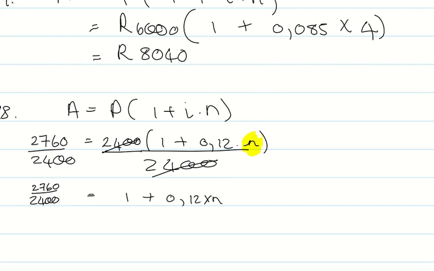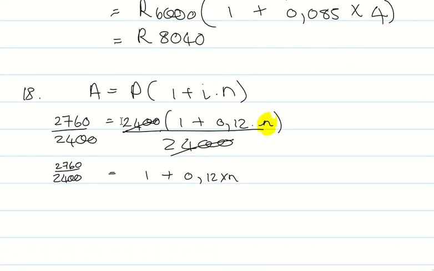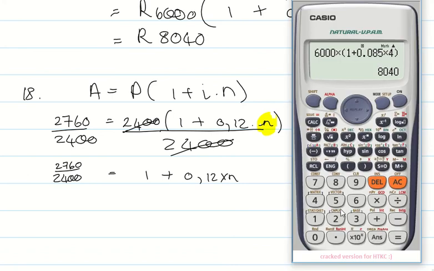What is bothering me now? Still, there's a 1 there. How can I get rid of the 1? Now I'm going to simplify that amount, which is 2,760 divided by 2,400, and that is equal to 1.15.